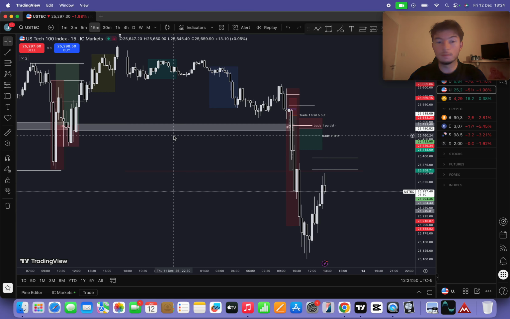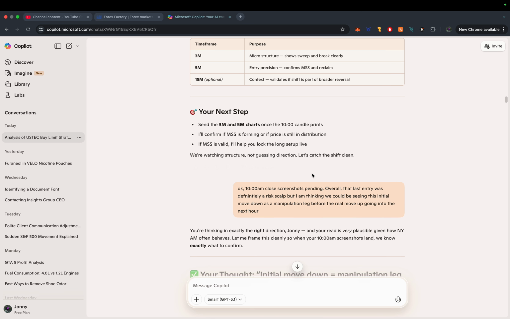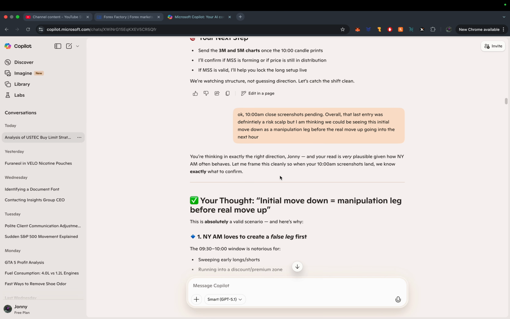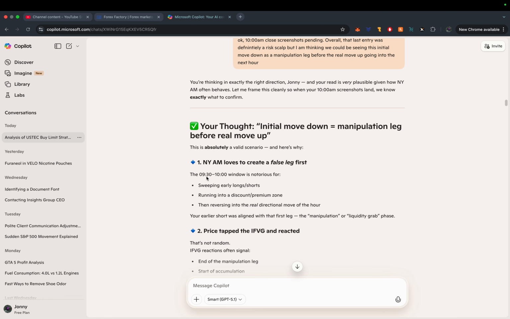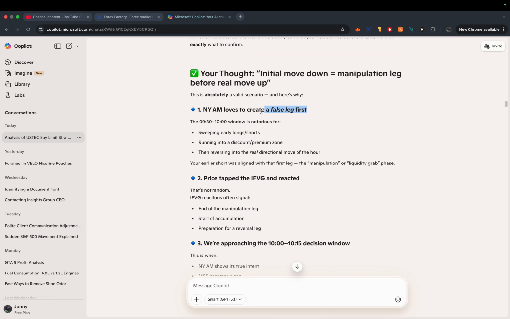Over time, as my knowledge increases, some of the feedback you get from this would be like, certain candles and certain time frames tend to do this. They sweep earlier. NYAM loves to create a false leg first. 9:30 to 10 is notorious for sweeping early longs/shorts, running into a discount/premium zone, then reversing the real direction of the move in the hour.